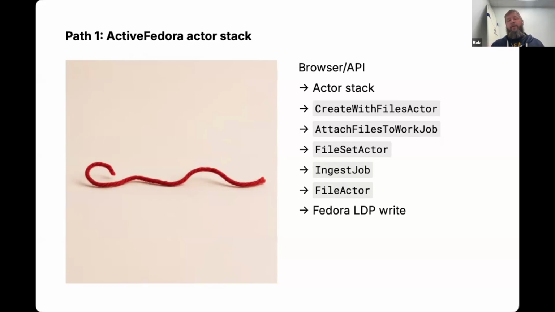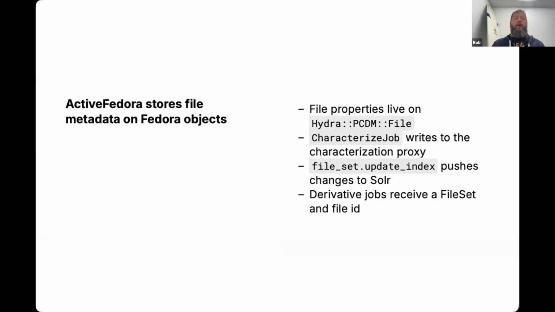It creates the file set, it attaches the work, it streams the file over to Fedora through HydraWorks, it versions it, and then it kicks off characterization. After that, it stores the file as a Fedora object. It writes the properties on the PCDM file object. It kicks off a characterization job. This is the thing that hits FITS to get information about the file.